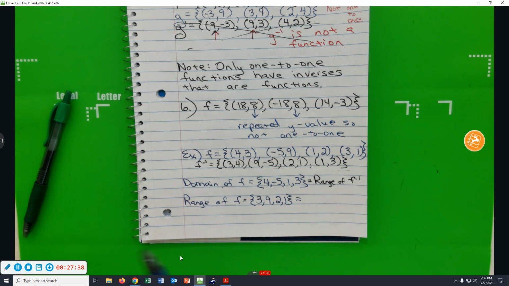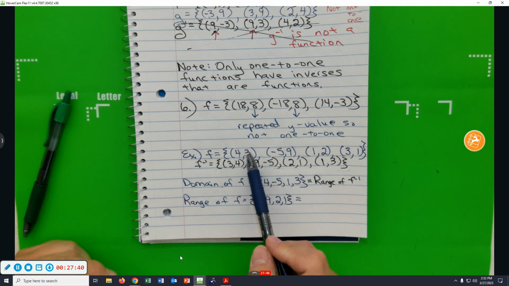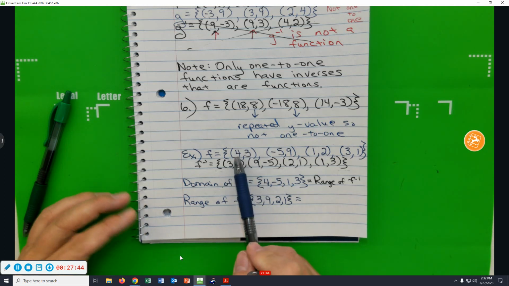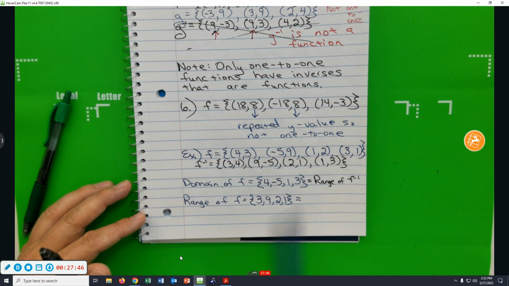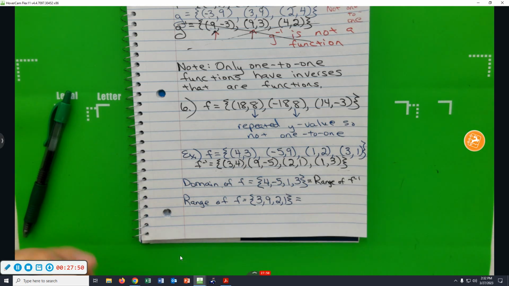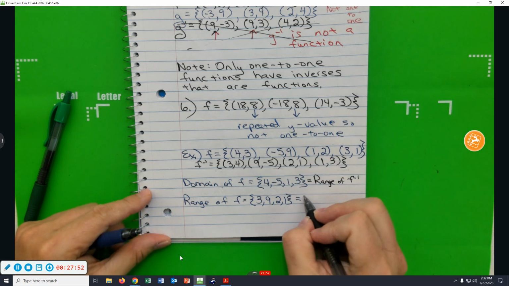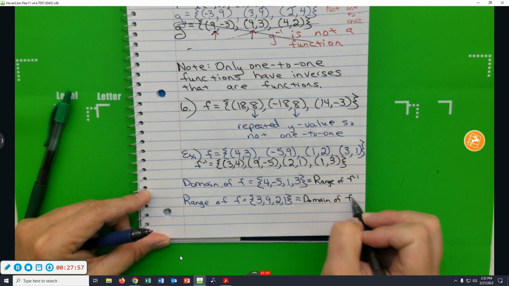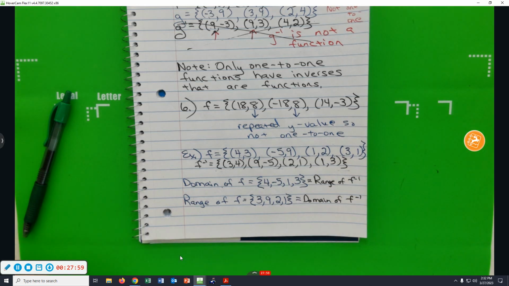The domain, the x values. The original y's become x values in the new function, just like the original x's become y values in the new function. So the range of f is equal to the domain of f inverse. Any questions on our logic there?